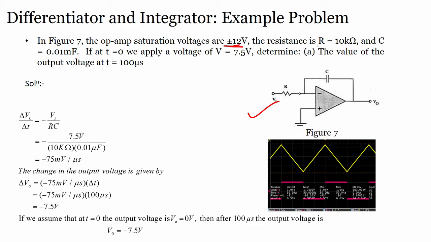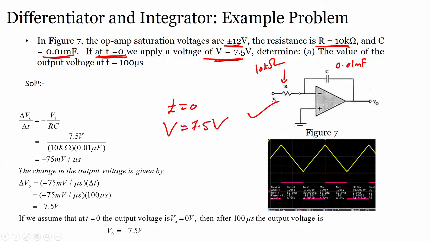The resistance R is 10 kilo ohm, C is 0.01 microfarad. At time t equals 0, we apply a voltage of 7.5 volts, this V1.